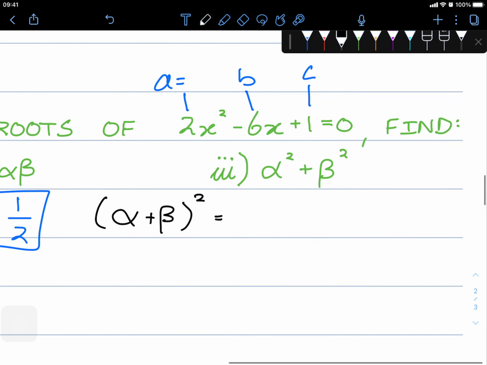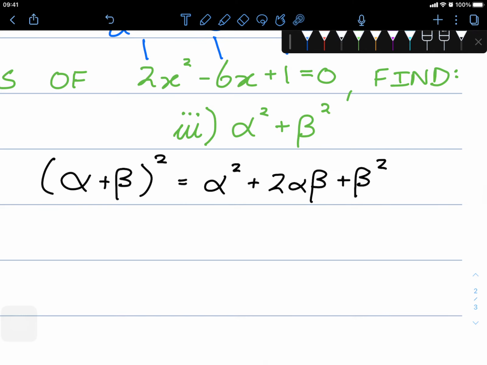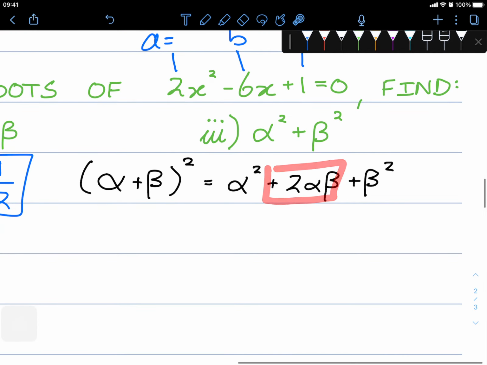When we expand this, we get alpha squared plus 2 alpha beta plus beta squared. Now take a look. This expression has alpha squared and beta squared. So what's missing is the alpha plus beta.